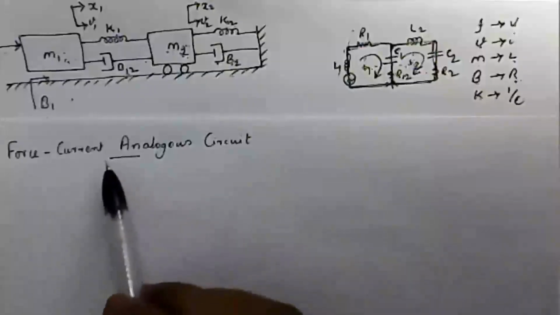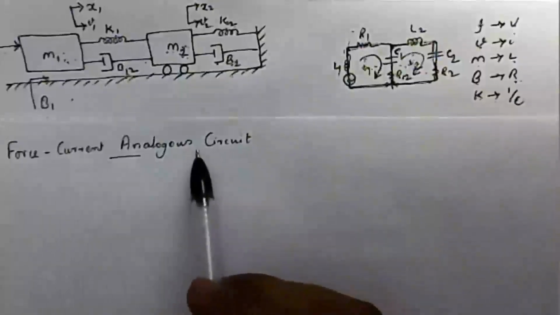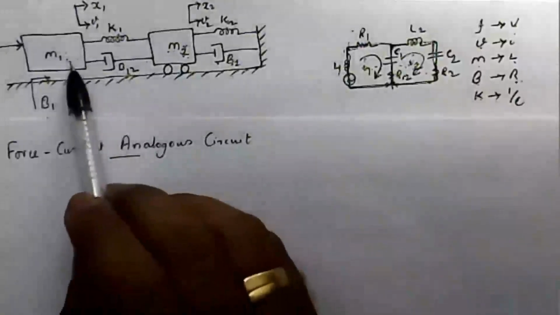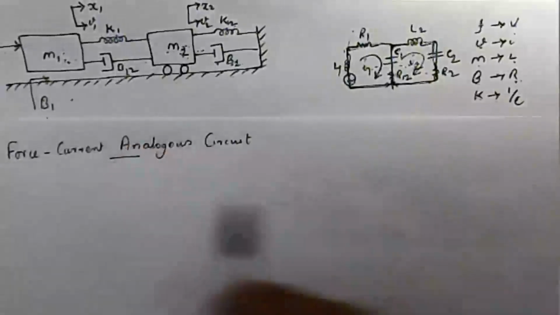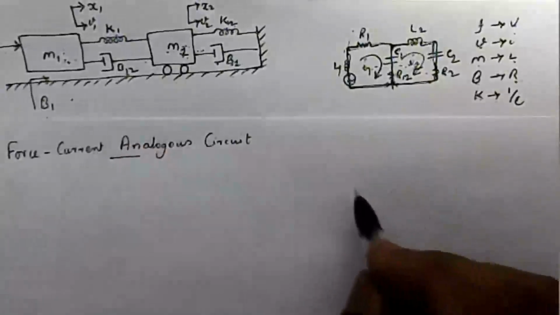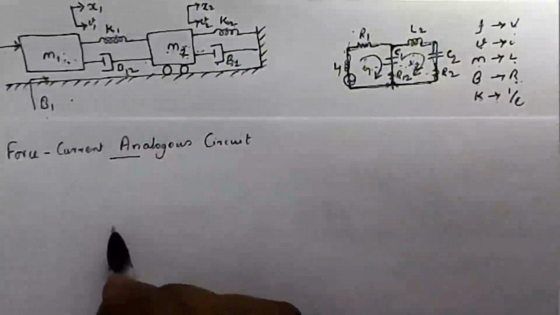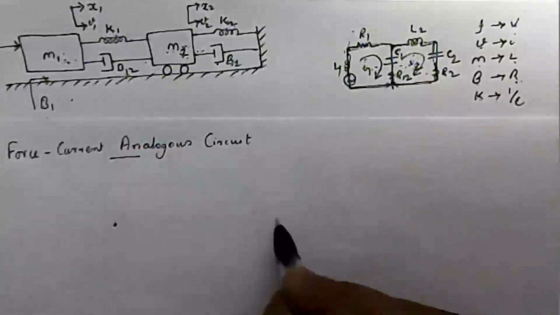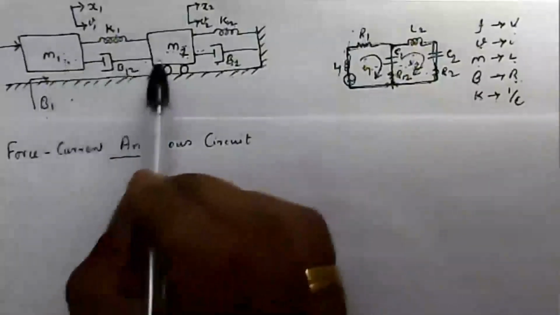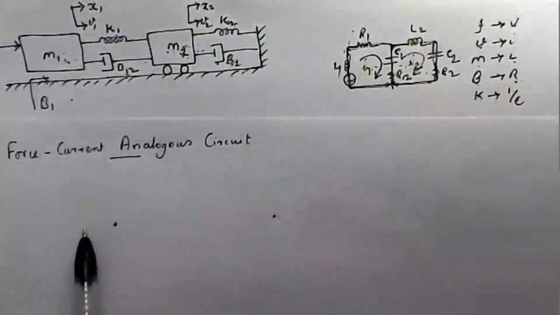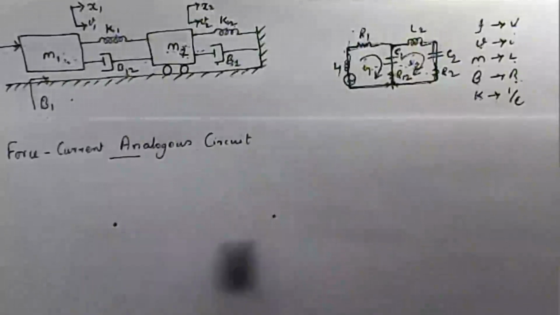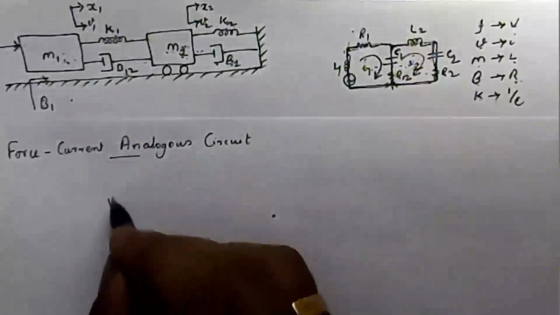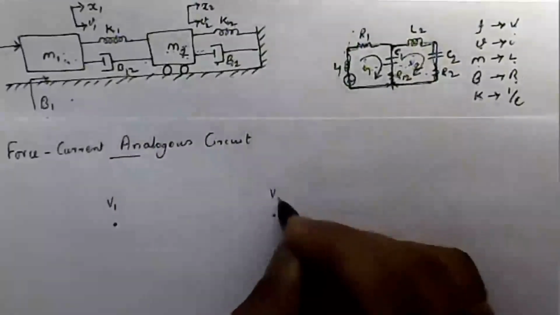Now I am going to draw the force current analogous circuit. The actual mechanical system consists of two nodes, mass element M1 and mass element M2. So the force current analogous circuit also consists of two nodes. I mark the nodes like this, and the node voltages I mark V1 and V2.